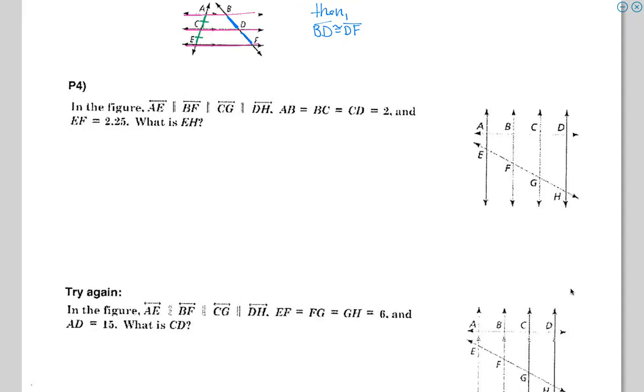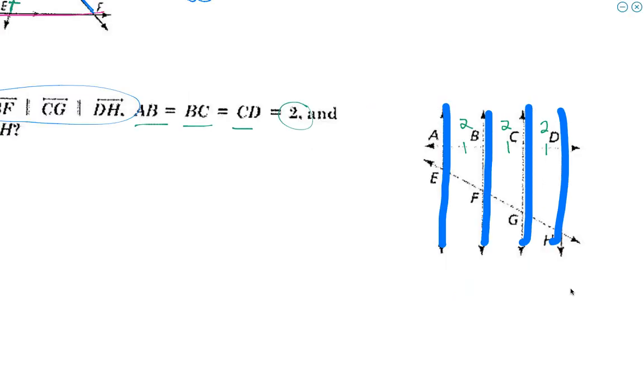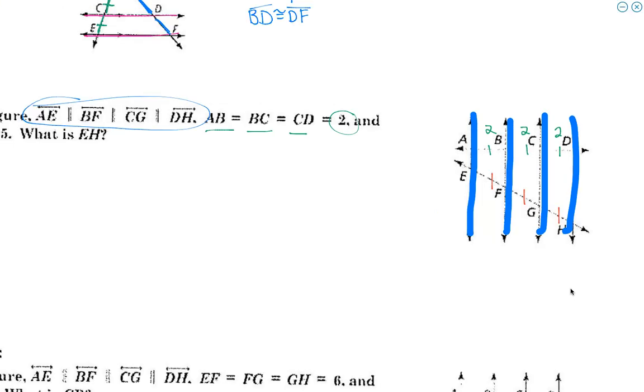All right, so if these three lines are parallel, actually four lines, and AB equals BC, which equals CD, which is 2. What that tells us then is that these are all going to be congruent as well. Not to the green ones, but to each other.